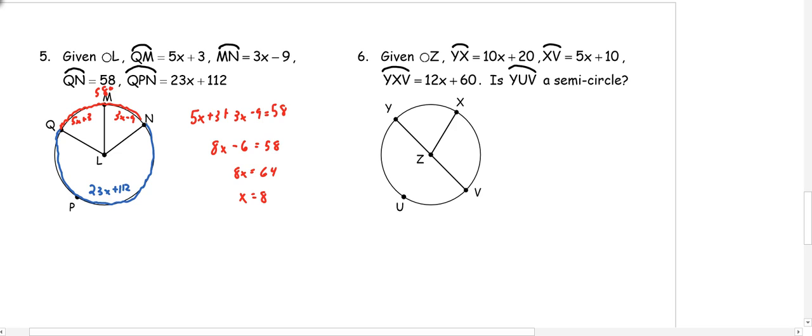So 5 times 8 plus 3 is 43, 3 times 8 minus 9 is 15, and 23 times 8 plus 112 is 296 degrees.